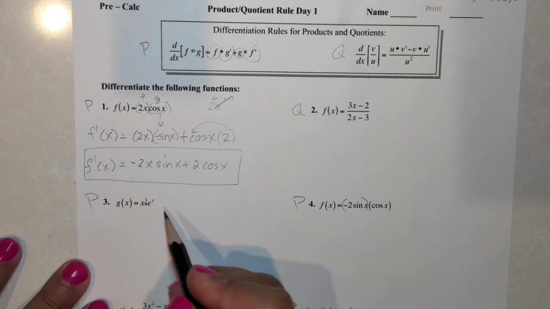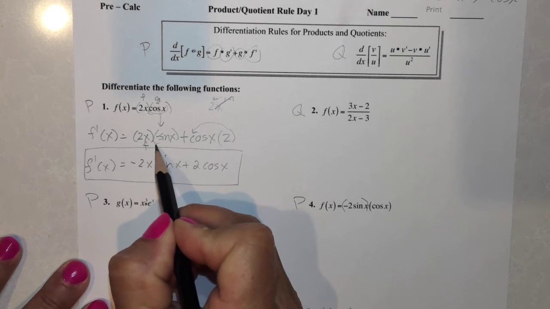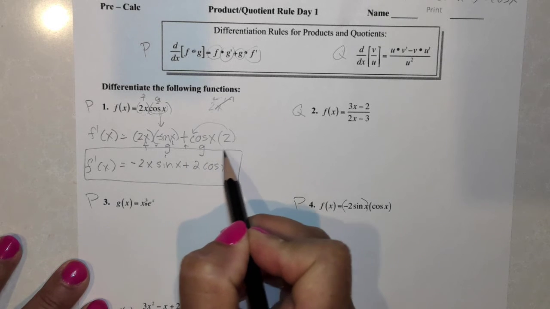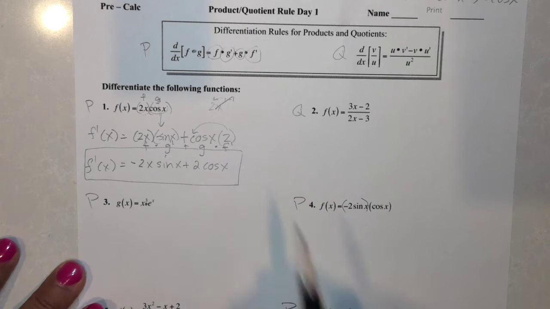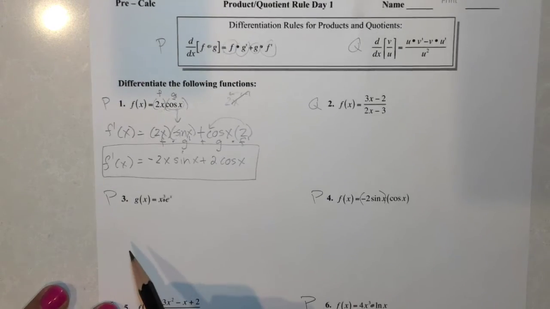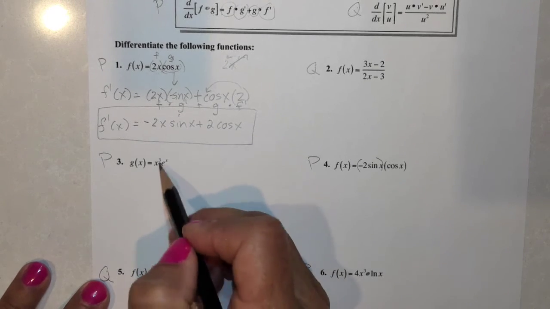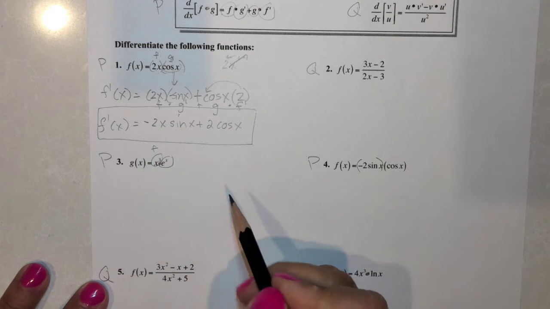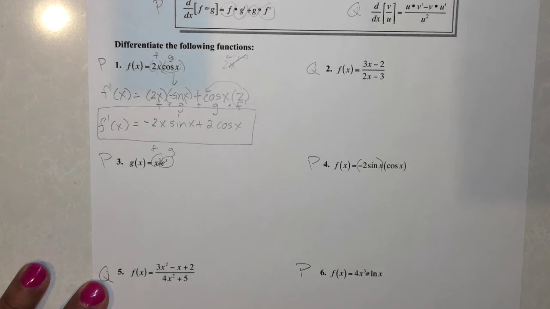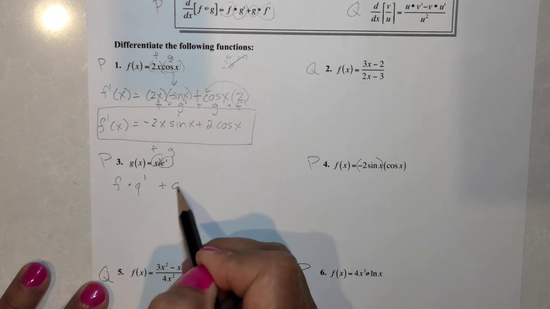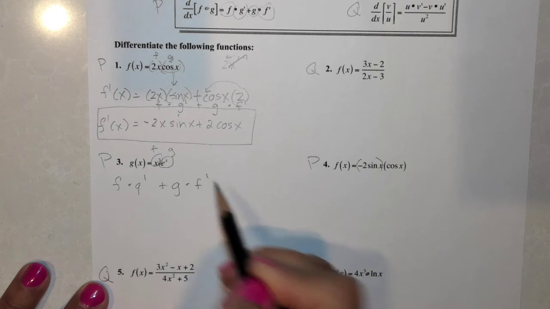So you're just going through and writing the first thing times the derivative of the second part, plus the second part times the derivative of the first part. So don't make that harder than it is. I'll do one more for you. So here my two pieces are x to the third is like my f, and e to the x is like my g. So I need to do first thing times derivative of the second plus second thing times the derivative of the first.